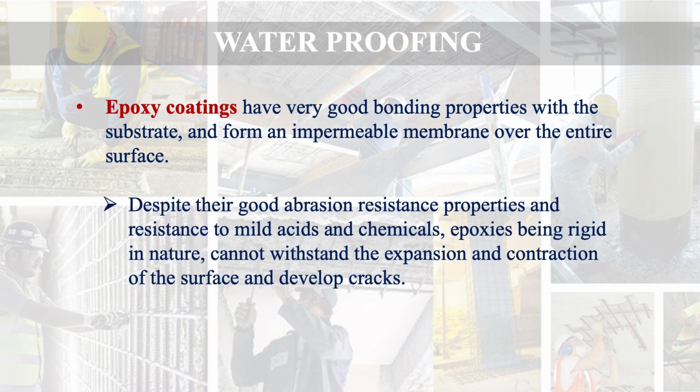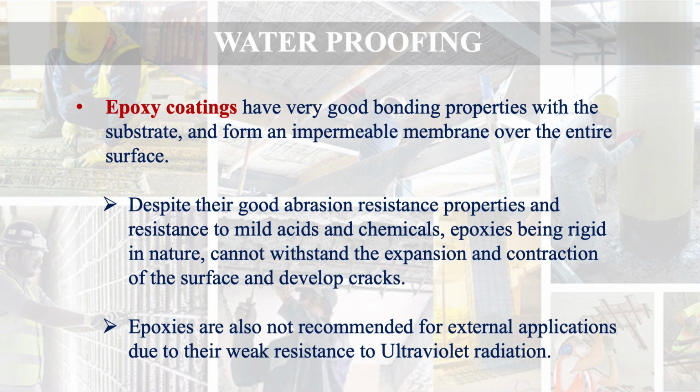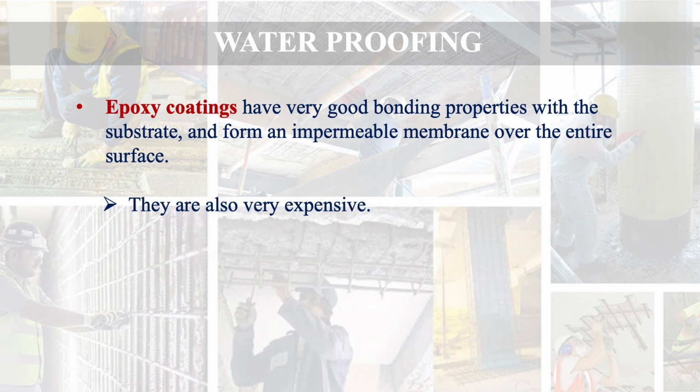But despite their good abrasion resistance properties and resistance to mild acids and chemicals, epoxies, being rigid in nature, cannot withstand the expansion and contraction of the surface and they develop cracks. This is the problem. Also, epoxies are not recommended for external applications due to their weak resistance to ultraviolet radiation. They are also very expensive.